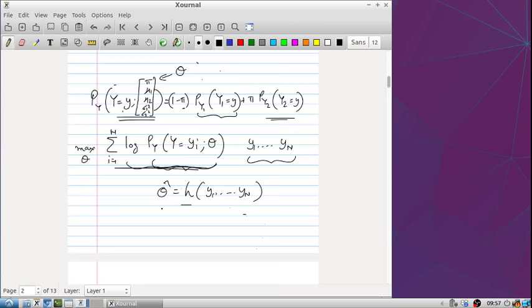Now, even computation is messy because there is no unique theta. It turns out that maximizing this function over theta is hard.